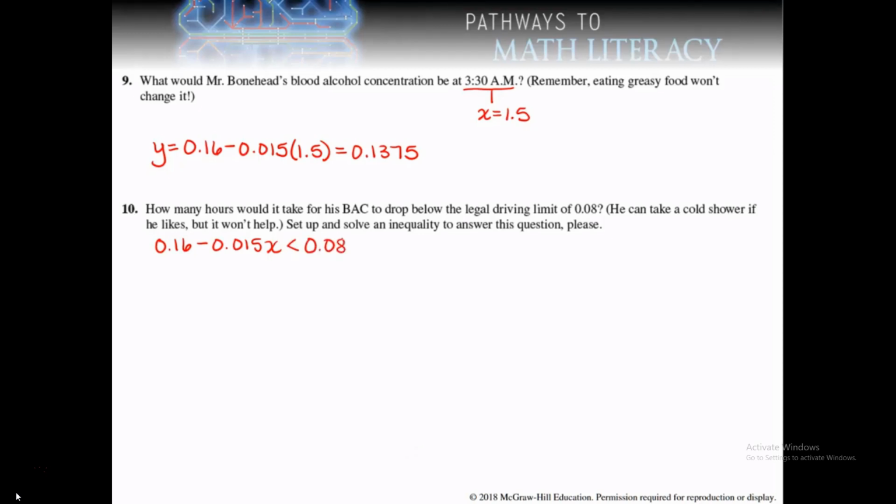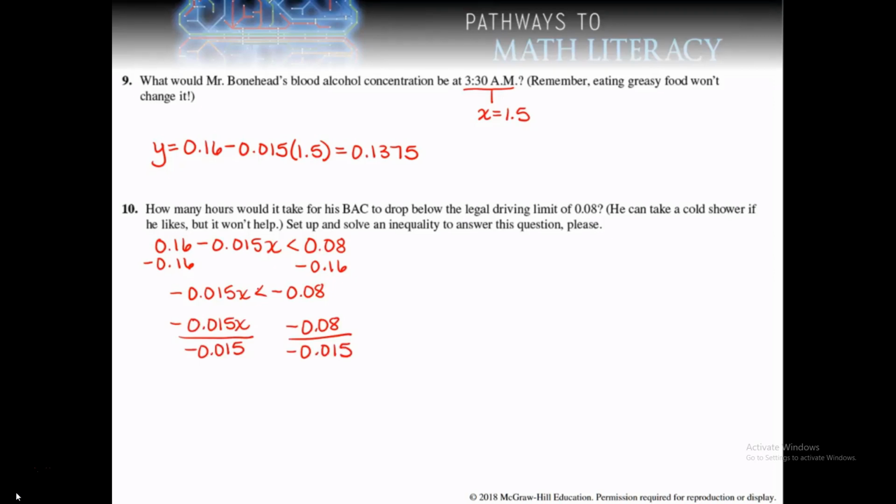And then we need to get x by itself. So I'm going to start by subtracting 0.16 from both sides, and that's going to give me negative 0.015x less than negative 0.08. And then I'm going to divide both sides by negative 0.015. And remember, when you divide both sides of an inequality by a negative number, it does turn the inequality around.